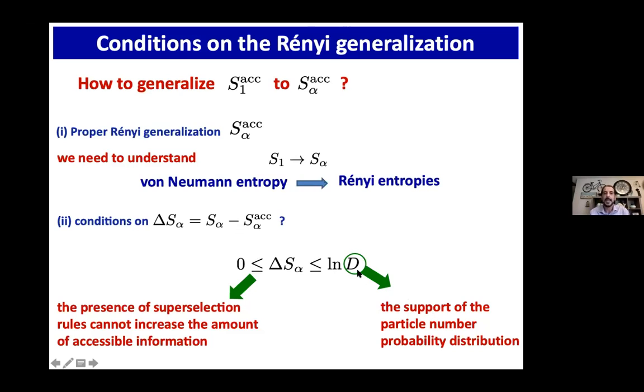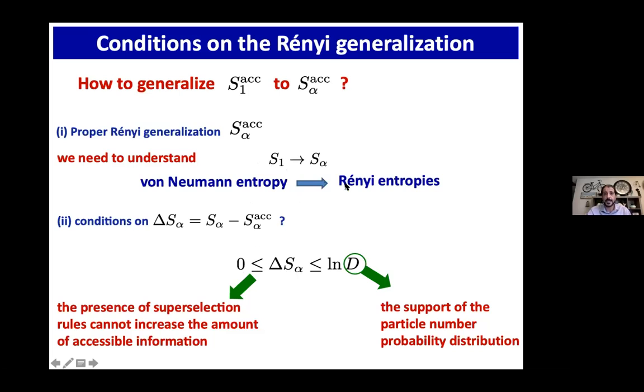So if we have a flat probability distribution for the particle number, that's the maximum possible amount of information that we can lose. And thus delta S alpha must satisfy this inequality here, positive and less than log of the support.